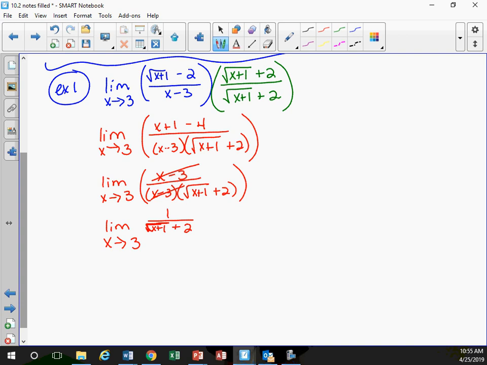Okay, what do you think I can do from here? Now I can plug in 3, right? You don't have to rationalize again, guys. That would just get you back to where you started. We've eliminated what was causing us the problem as far as plugging things in. So I can now say equals 1 over square root.